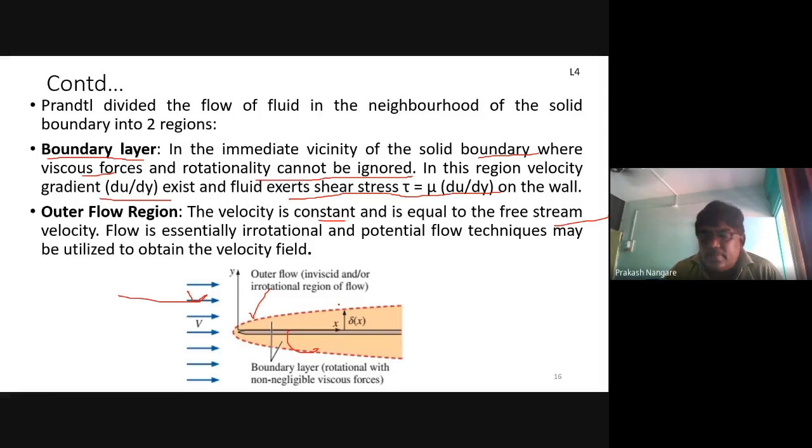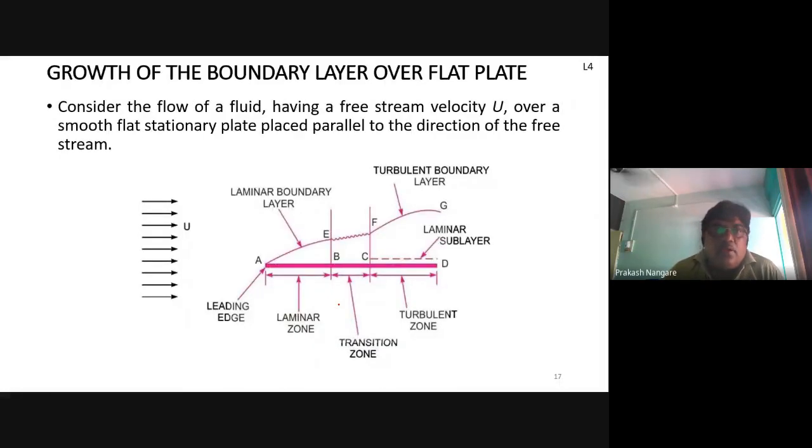See here, this is the velocity part, this is the boundary, and the outer flow irrotational region can be observed in this diagram. Now, how does the boundary layer grow over the flat plate? This is the flat plate, and observe the flow here. Consider the flow of a fluid having a free stream velocity u over a smooth flat stationary plate placed parallel to the direction of the free stream.